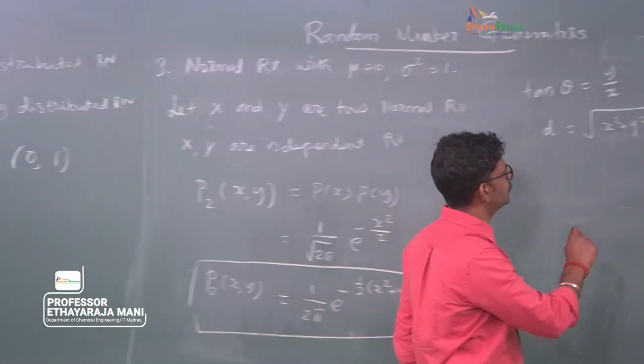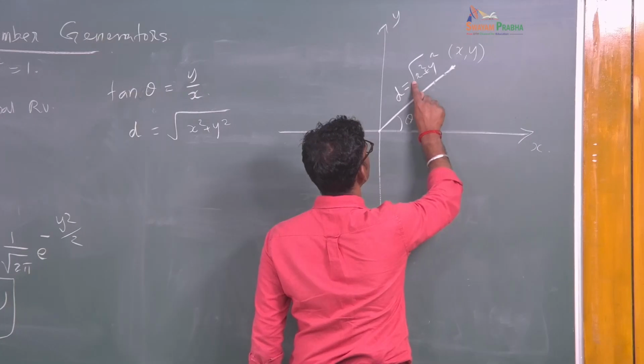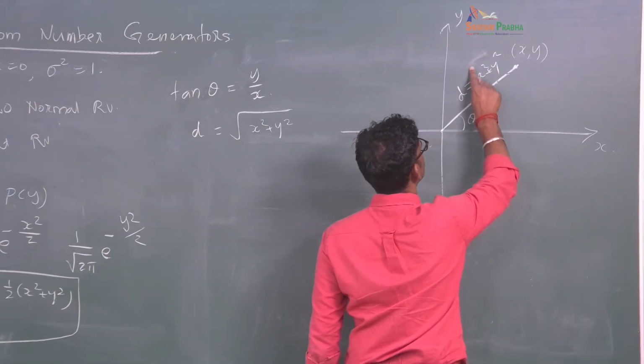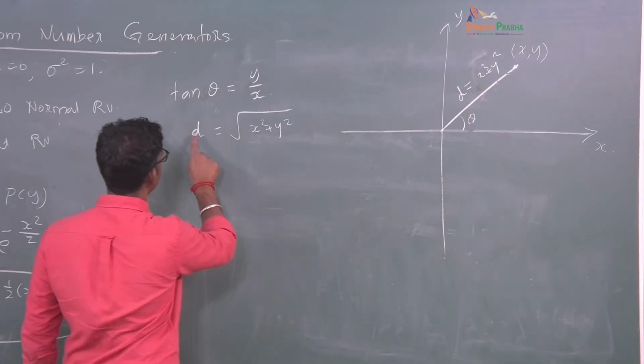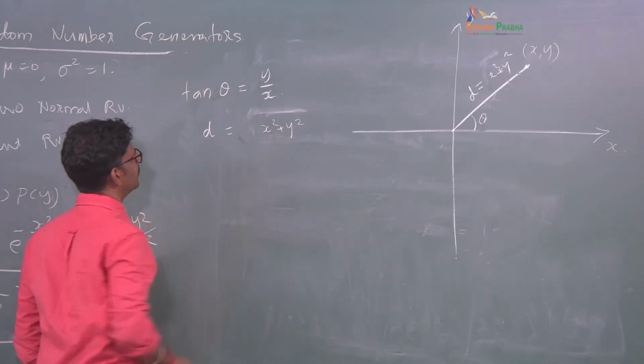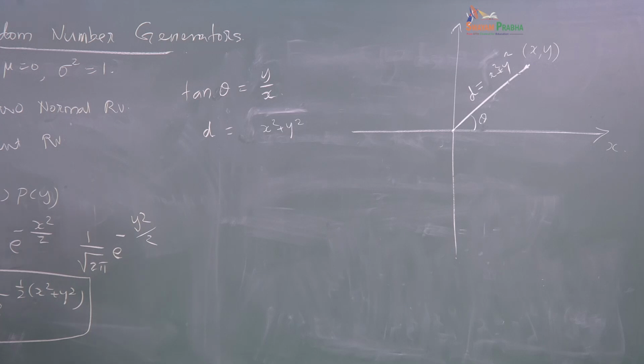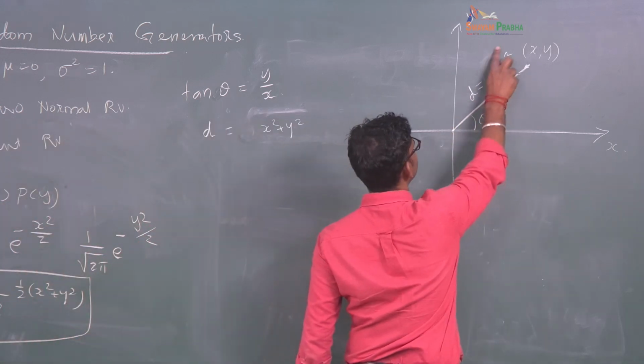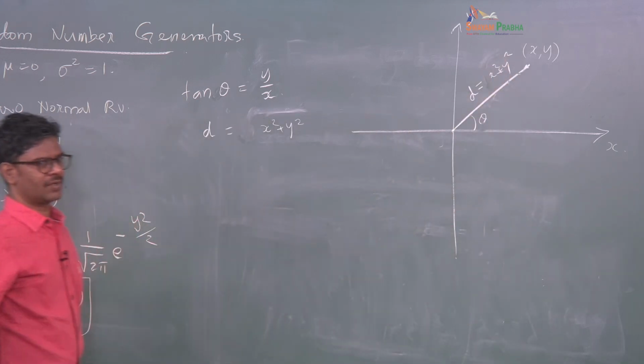I think I have to do this a little bit differently here. In my notes, I have written d is equal to x square plus y square. So this is not necessarily a distance, but the square of the distance.